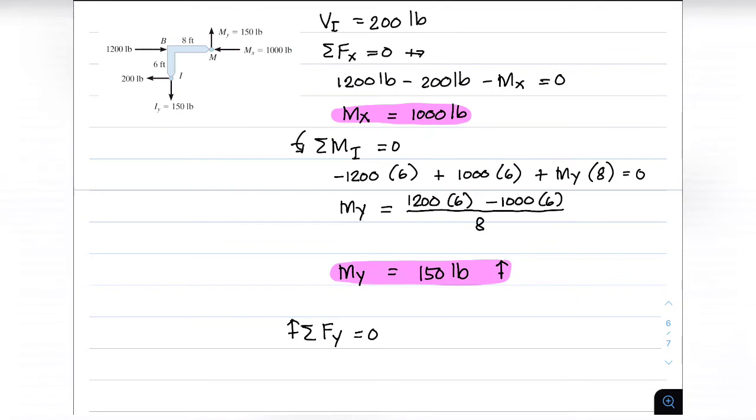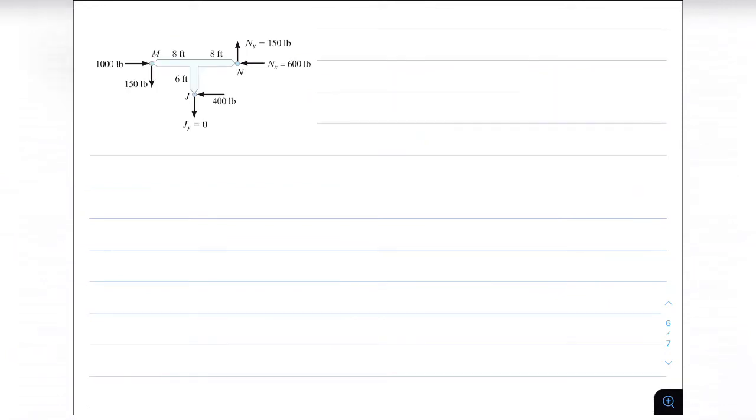Now, summing the forces vertical equal to 0, we will have My from point M and your Iy from point I equal to 0, which will yield the value of Iy equal to 150 pounds directed downward.